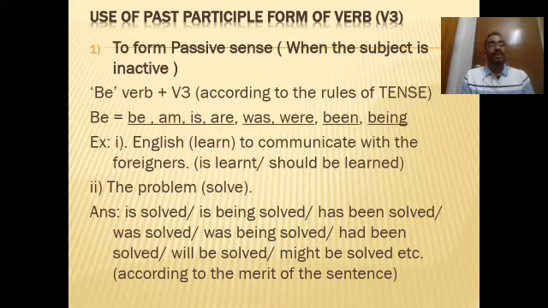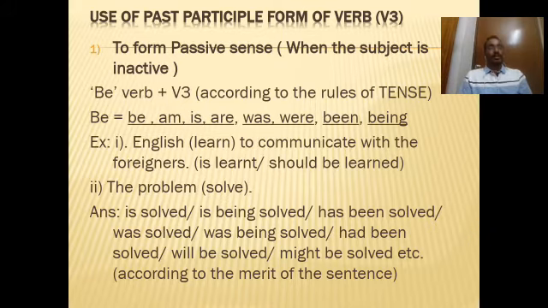So when the subject is inactive in a sentence, we use be verb, then verb 3. What are the be verbs? Be is the base form. Be, am, is, are, was, were. Was, were are the past forms of the be verb. Been is the past participle form of the be verb, and being is the ing form.